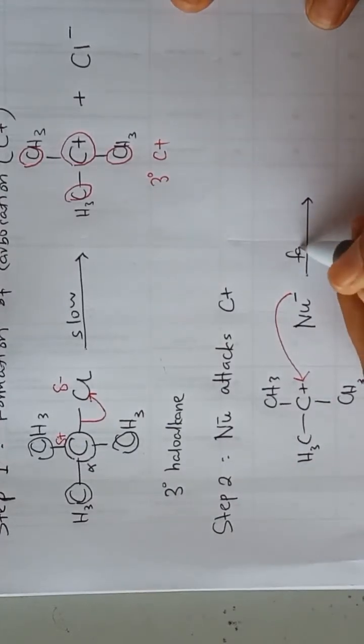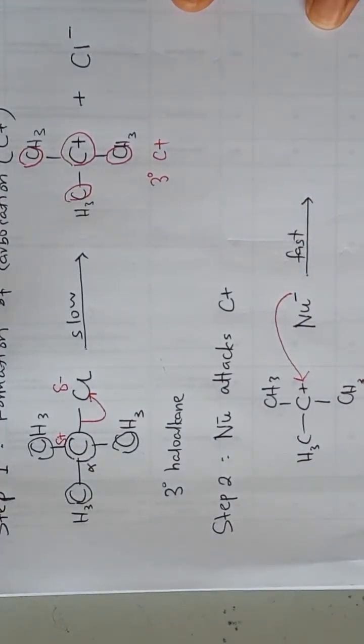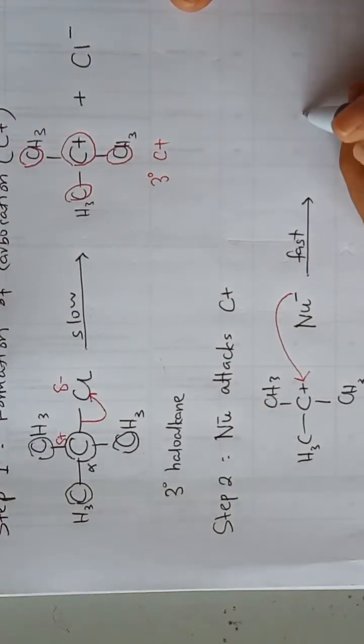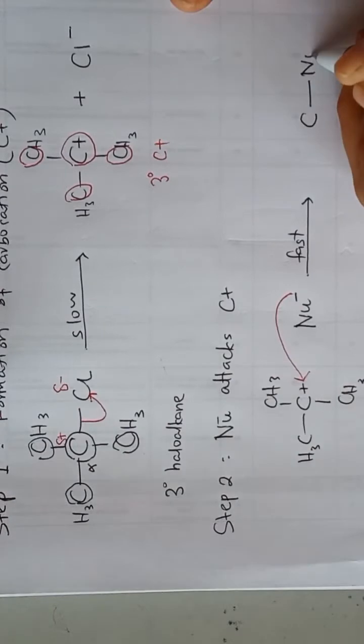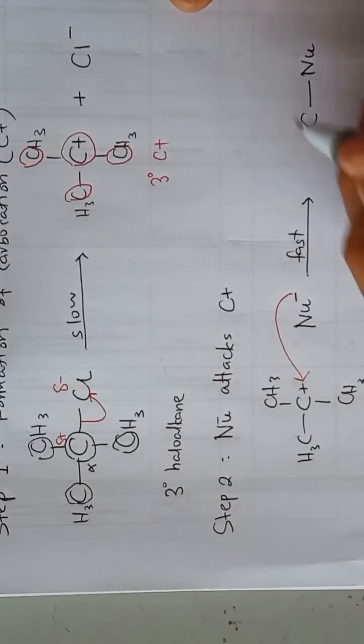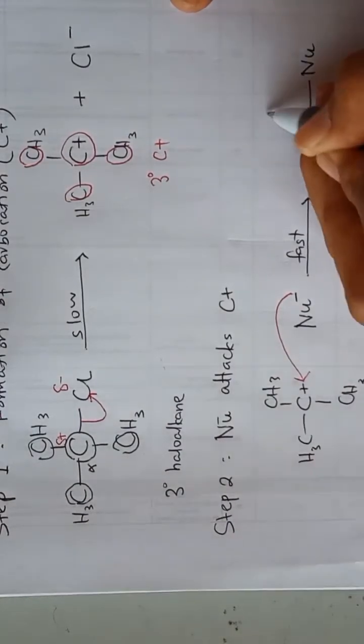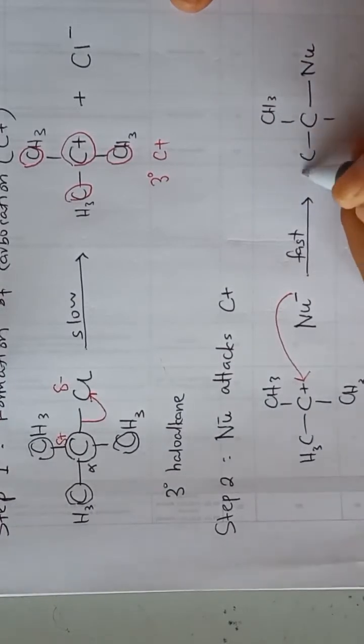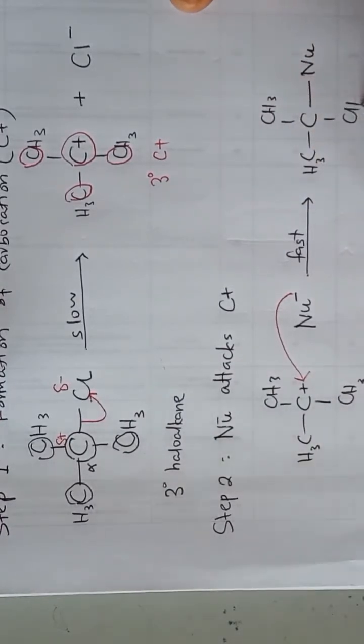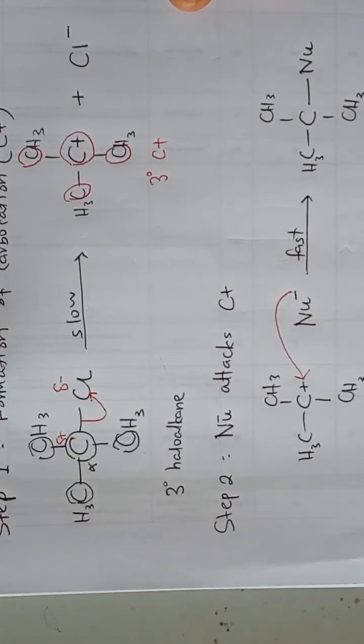This will be a fast reaction, because the carbocation is stable. The C will make a new bond with the nucleophile, and the rest will be written back as CH3, CH3, CH3. So that will be the product. That is the SN1 mechanism.